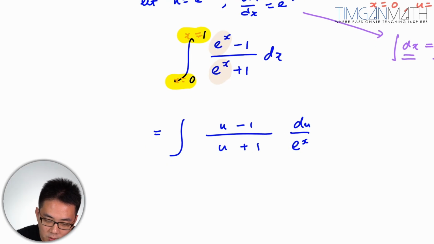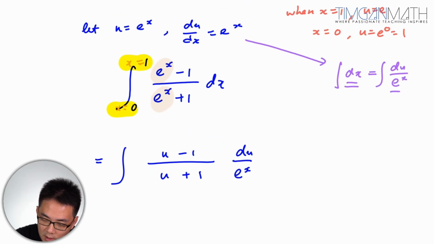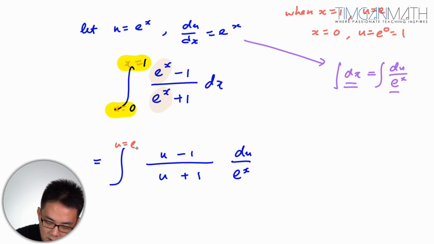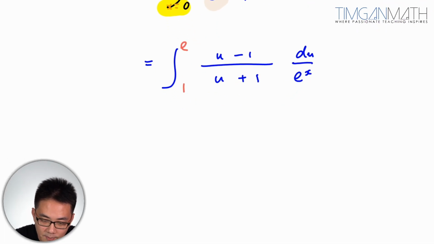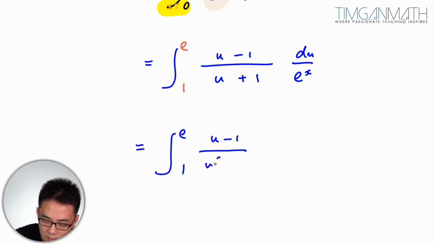And because now you change to u already, this will be u equals e and u equals 1. Okay, just bear in mind. So essentially this is just the integral from 1 to e here. So once this is done, this is u, so that's pretty okay. So the integral from 1 to e of (u minus 1)/(u plus 1) du.